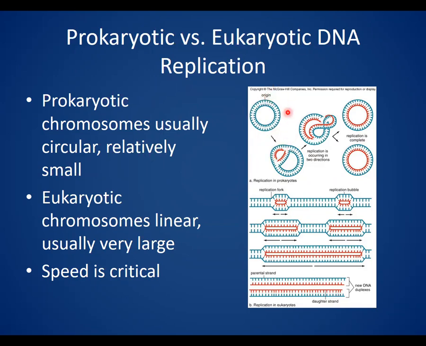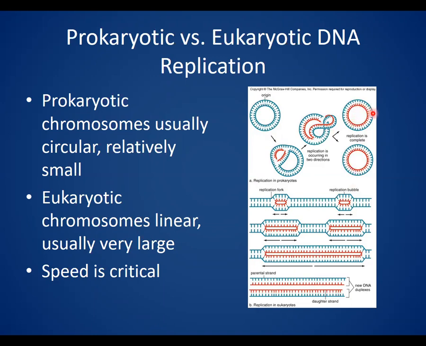There's usually one chromosome and it's usually round. And so it gets replicated in both directions, starting at one origin. And both go halfway around and eventually produce two complete daughter strands.